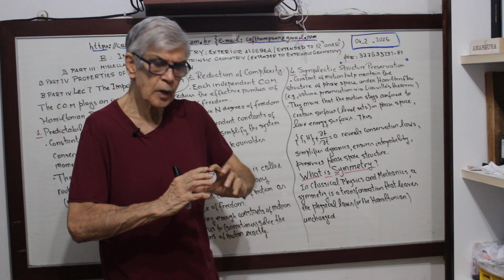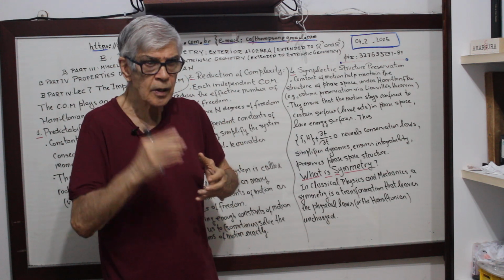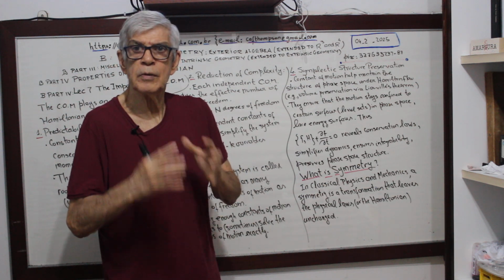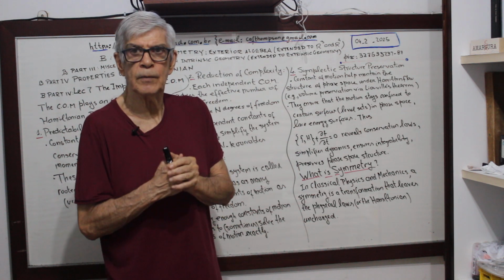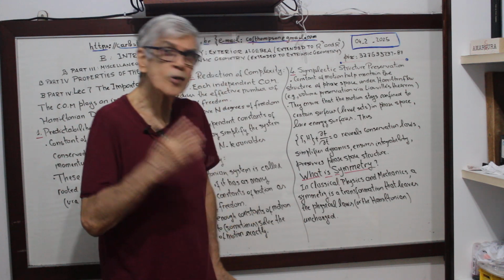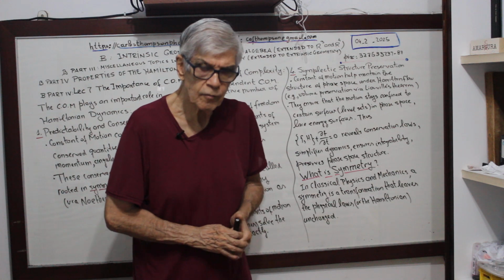So if you adopt a transformation to another set of variables, the physical law remains unchanged. That's the definition of symmetry. Then we will develop the consequences of this definition. That's very important.